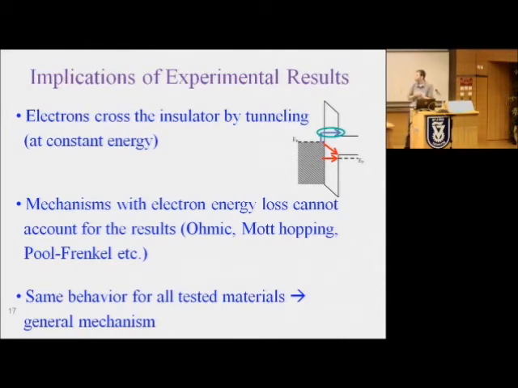And the important thing is that any other mechanism which requires electron energy loss, like ohmic conduction, hopping, Poole-Frenkel, and other very popular conduction mechanisms, cannot account for these results. And we're getting the same behavior for all the tested materials, so it looks like a general mechanism.